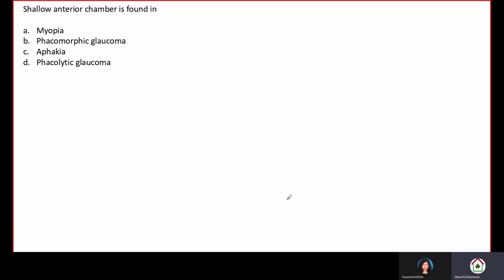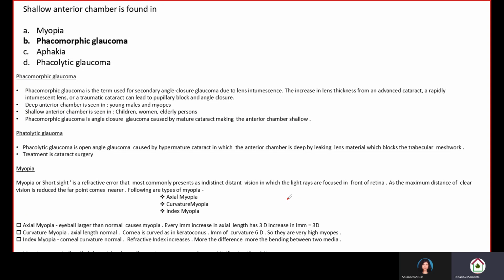Okay, shallow anterior chamber is found in myopia, phacomorphic glaucoma, aphakia, phacolytic glaucoma. And the answer will be phacomorphic glaucoma. Phacomorphic glaucoma is the term used for secondary angle closure glaucoma due to lens intumescence. So basically phacomorphic is secondary angle closure glaucoma.